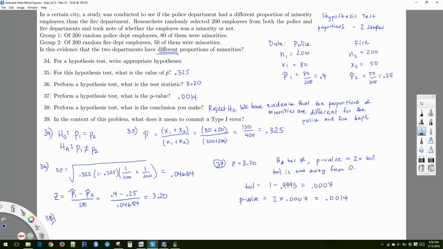Okay, and then number 39 is, in the context of this problem, what does it mean to commit a type 1 error? Okay, so type 1 error is the null is true, but we reject it. But we conclude otherwise.